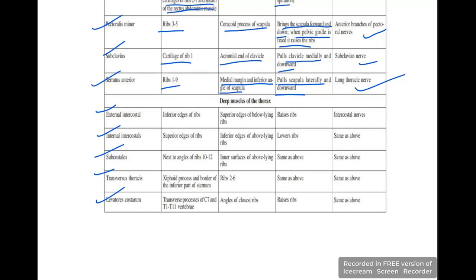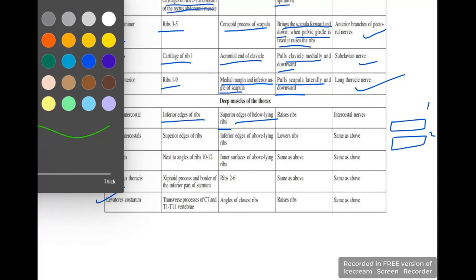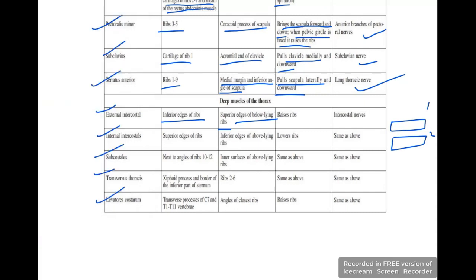See, its origin is the inferior edge of the rib and its insertion is the superior edge of the below lying rib. Now means, see, this is the first rib, okay, and this is the second rib, okay. Inferior edge of the first rib, okay, and superior edge of the below lying rib.